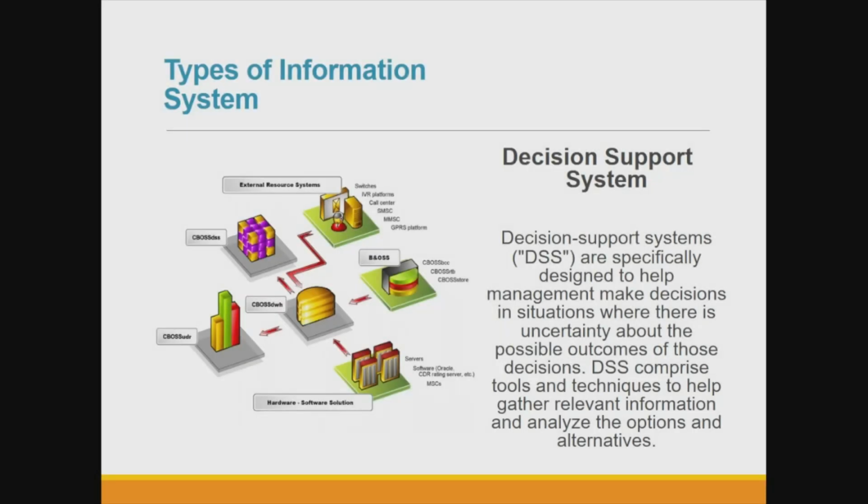Okay, the next system is the decision support system, also known as DSS. This support system is designed to help the management make the best decision in situations where there is uncertainty about the possible outcome of those decisions.